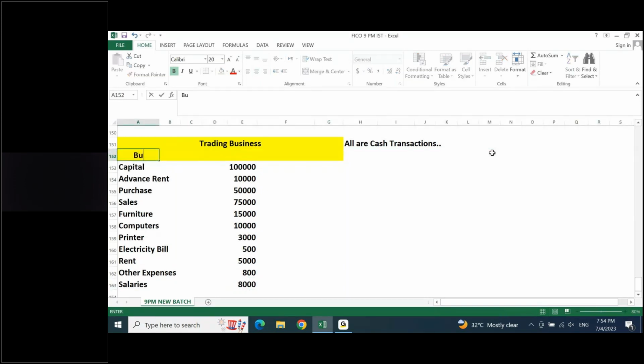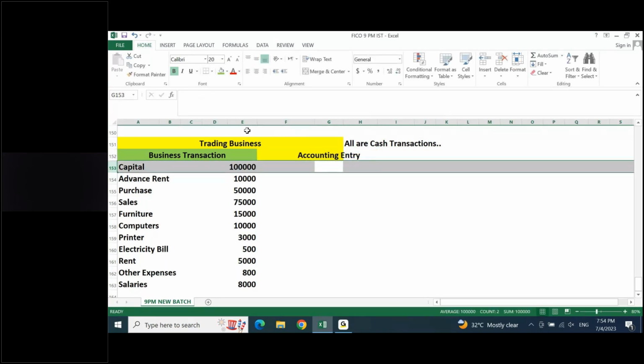So here I'll put business transaction, and here I'll put accounting entry. Let me insert one more.